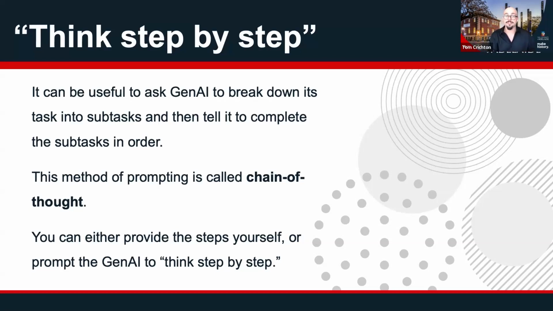So if I was asking it to create a blog post, if I started off by saying, come up with some topics, and then said, come up with some titles, and then said, come up with a summary, it would go do that sequentially in order and could use the topics it's thought of to inspire what the title should be, rather than skipping straight to the end. So that's think step by step.